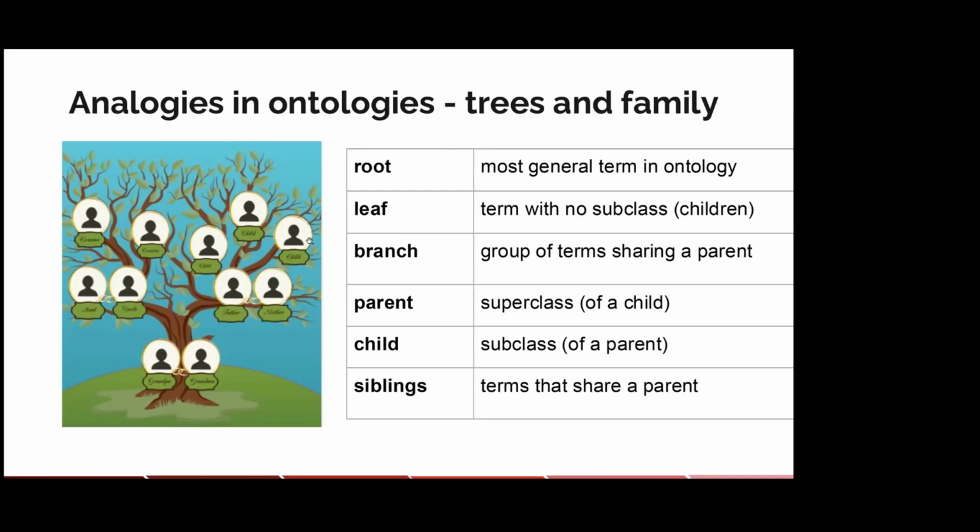The root of an ontology is the most general term of the ontology. Leaves are the most specific terms. Branches are groups of terms that share a parent. A parent is a superclass, technically we call it, the broader concept of a child, and the child is the opposite, right? A more specific concept or a subclass of a parent. And siblings are two terms that share a common parent.